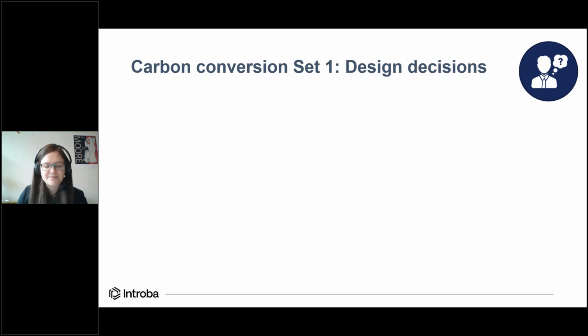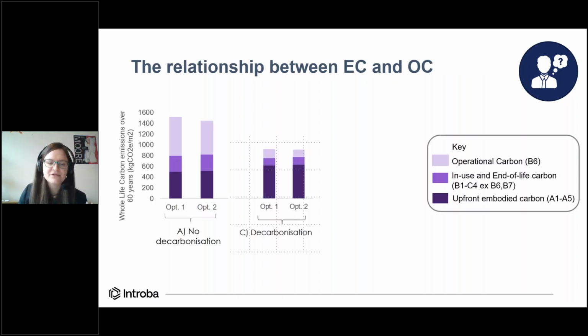Now I want to move on to set 1. Set 1 is all about understanding the whole life carbon consequences of design decisions that influence both operational energy and embodied carbon, like a heating system selection, or whether you're adding that extra layer of insulation. The relationship between embodied carbon and operational carbon really changes depending on the decarbonisation of the grid.